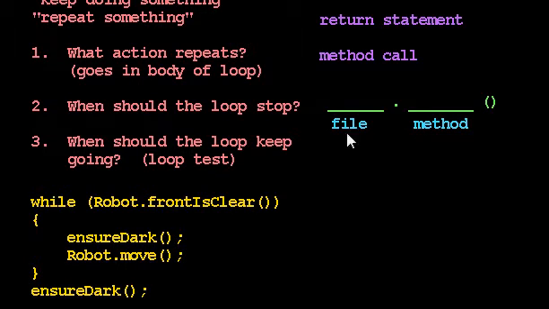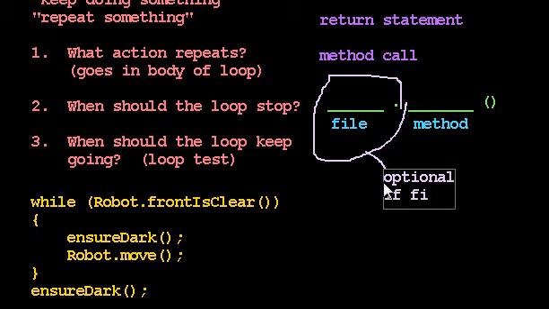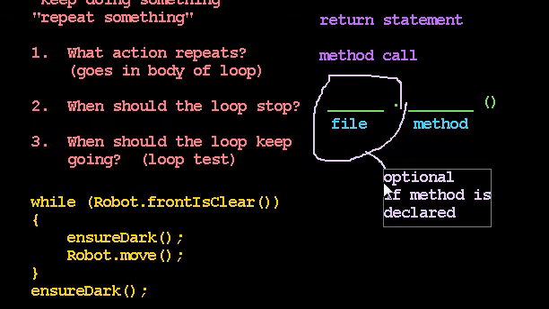And what we're learning now is that this first part with the dot is optional if the method is declared in the same file. So there's a nice little Java shortcut. I like to avoid Java shortcuts because I think it potentially overwhelms beginning programmers, but here's a really nice one. Every time we call a method, we still need to think to ourselves, what file is it in? Oh, it's in the same file, then we can leave it off. Oh, it's not in the same file, then we better write the file name. So don't get too comfortable with this shortcut, but it does make my examples a little bit cleaner to read.